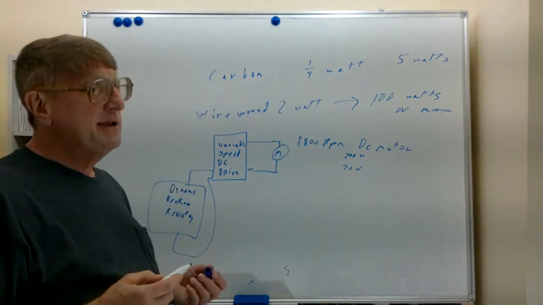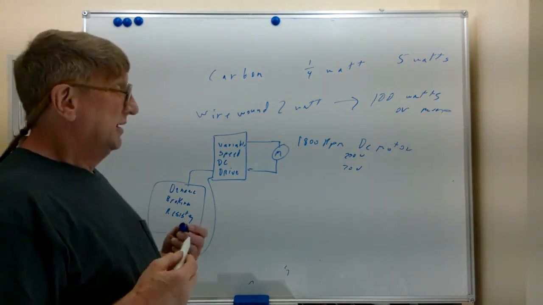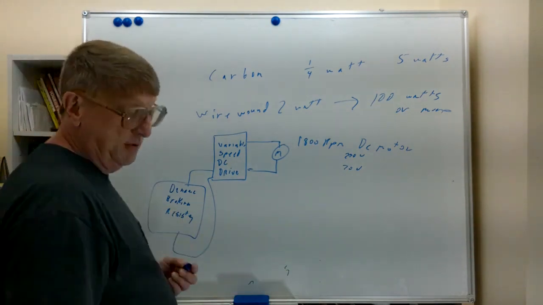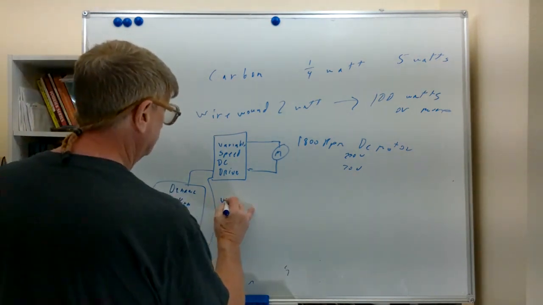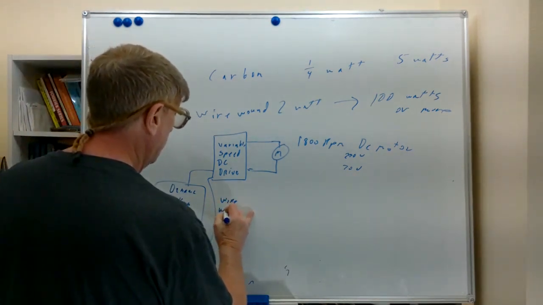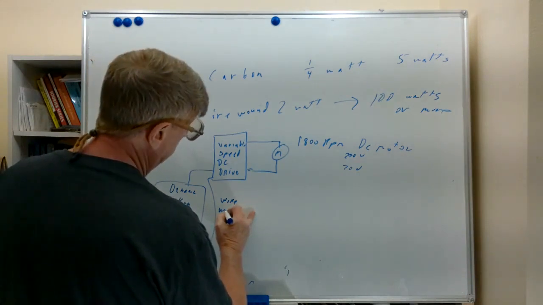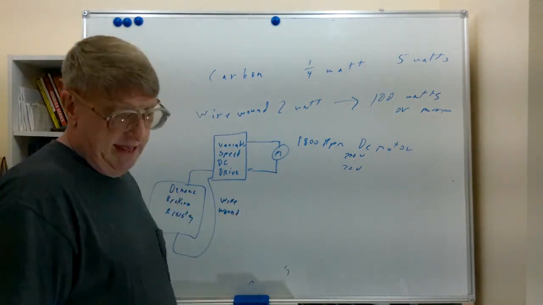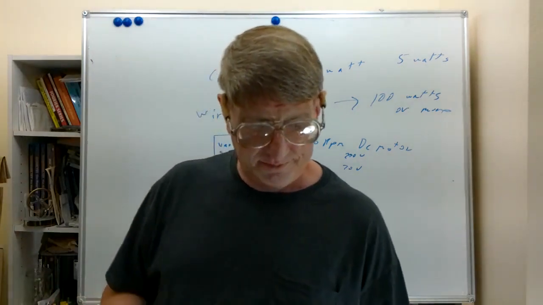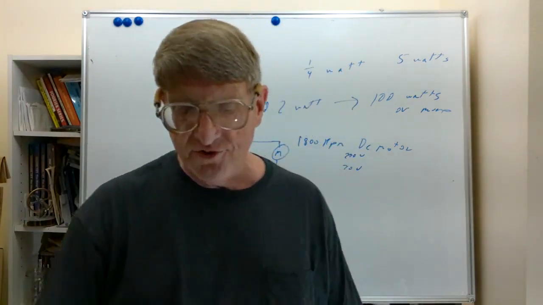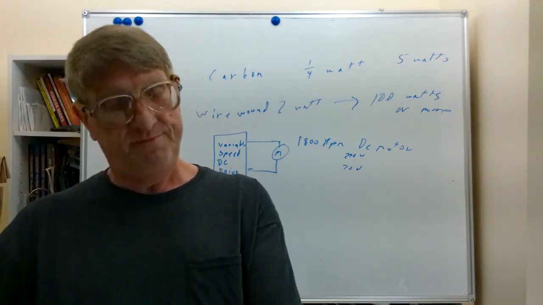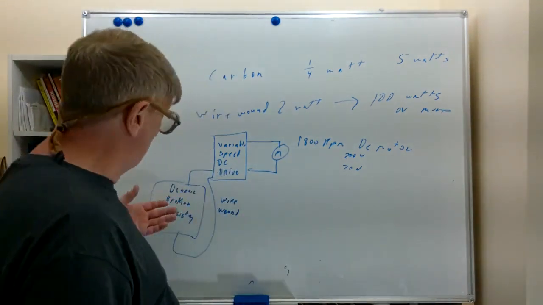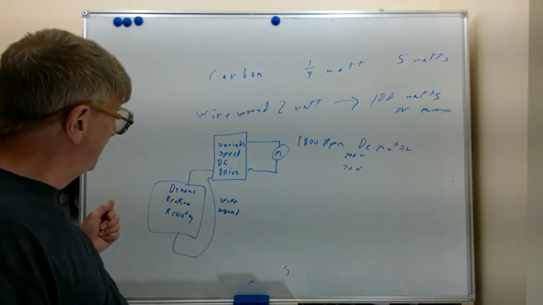The dynamic braking resistors, depending on their size, can get quite hot, so we usually use wire wound resistors. They can go up to several hundred degrees, maybe 400 or 500 degrees, where they almost get red in color.